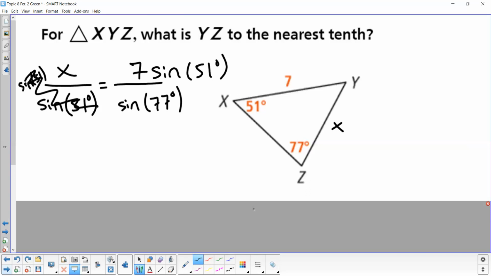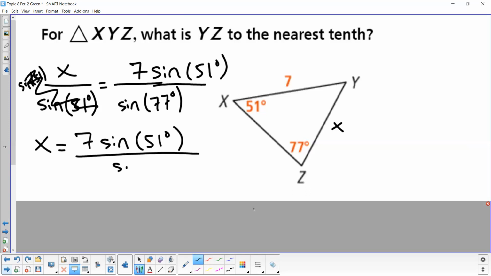Those cancel. And I'm going to rewrite it because this is exactly what we can put into the calculator. 7 sine 51 divided by the sine of 77. I'll give you a second to write that down.